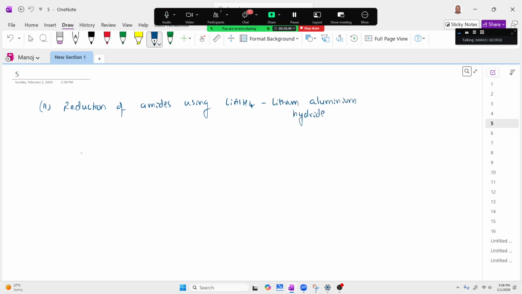This is a powerful reducing agent. So I have to use lithium aluminium hydride, and of course I have to use my amides. Now remember, amides are the groups containing this link. That's the amide link. You have seen this in proteins and you call it a peptide link.